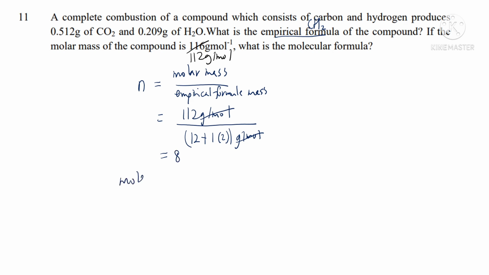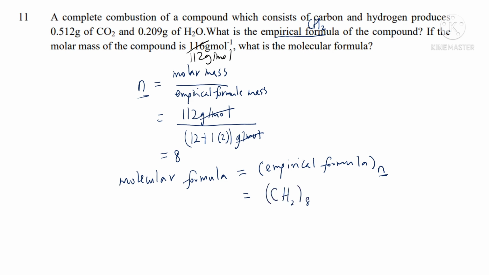Therefore, the molecular formula of the compound is equal to the empirical formula with subscript n, where n is the whole number multiple. The empirical formula is CH2 and n is 8. So that gives us the molecular formula for the compound as C8H16.